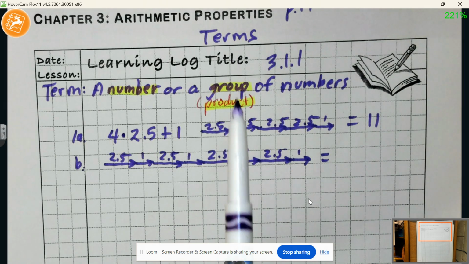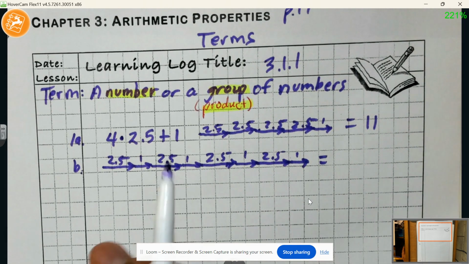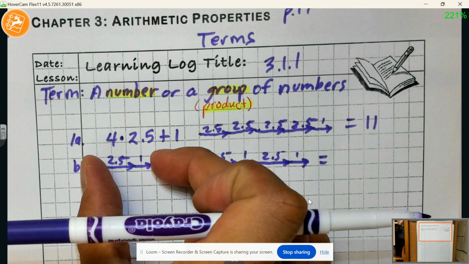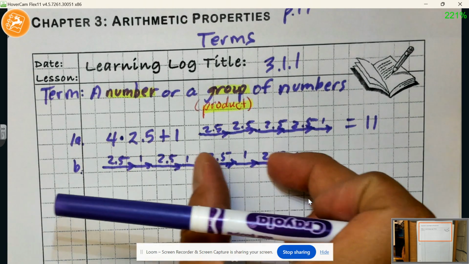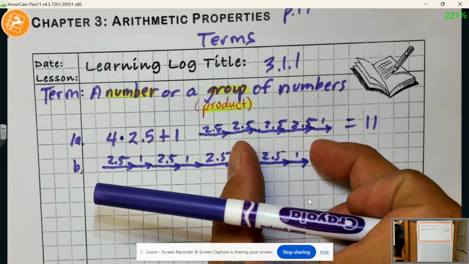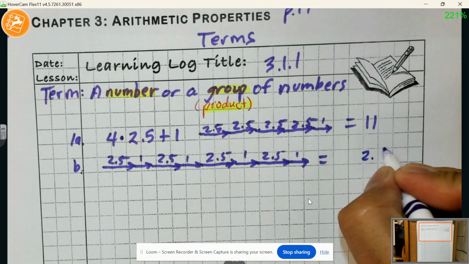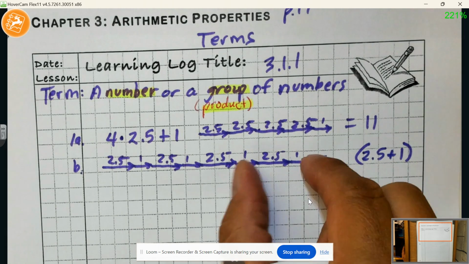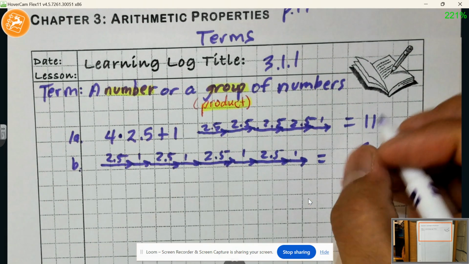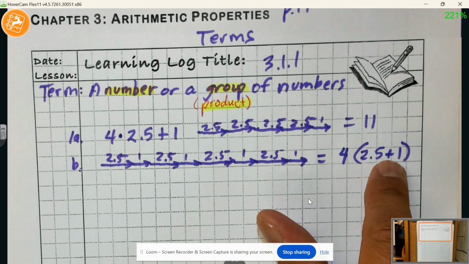But if we're grouping things, what seems to be a group that is repeating itself? We have this as a group, which is then repeated, and then this is repeated again, and then again. What's repeated is 2.5 plus 1. So 2.5 plus 1 is repeated, so it's grouped 1, 2, 3, 4 times. That gives us 4 groups of 2.5 and 1.